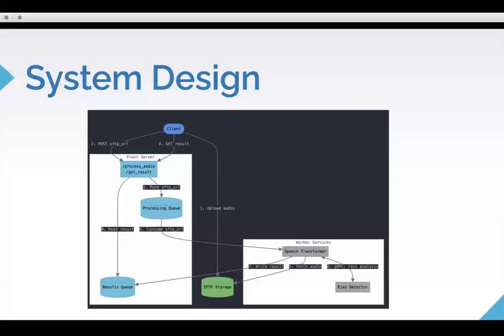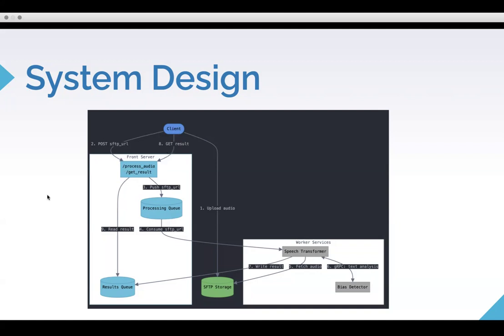So the system consists of a front server, a transformer, and a bias detector. Prior to sending a request to the front server, the client needs to upload their speech file to the SFTP server, and they need to send the path to the file to the front server. By using the process audio endpoint, the client can submit a new request to the front server.